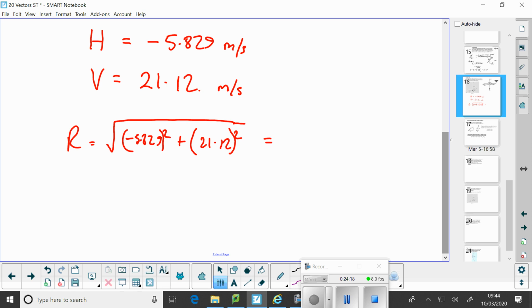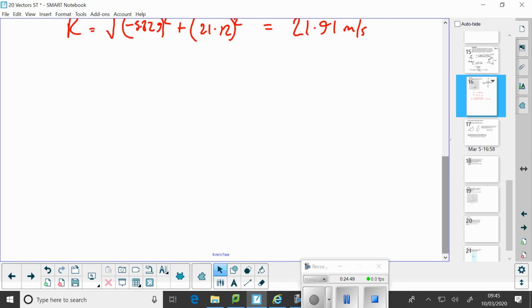You should have got 21.191 meters per second, or quite close to that, again depending on your other figures. What's more important is if we now draw the right angle triangle made up of those components.